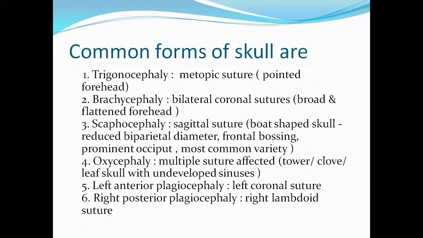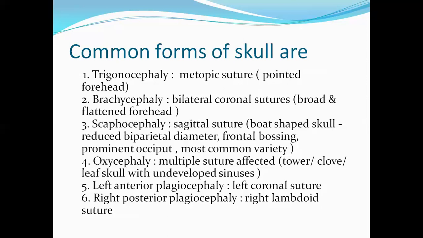Then oxycephaly: multiple sutures get affected, and it leads to a tower-type or cloverleaf-type skull with undeveloped sinuses. Left anterior plagiocephaly is when the left coronal suture gets prematurely fused, and right posterior plagiocephaly is when the right lambdoid suture gets prematurely fused.